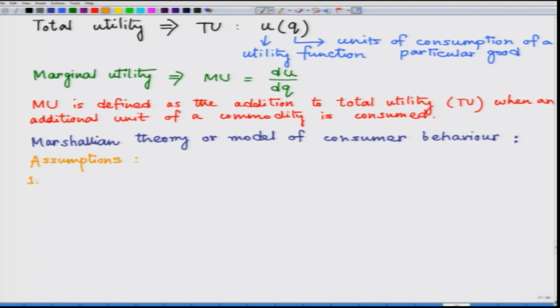The first assumption is utility, I abbreviate this as big U, obtained from any commodity depends on the amount of that commodity's consumption.